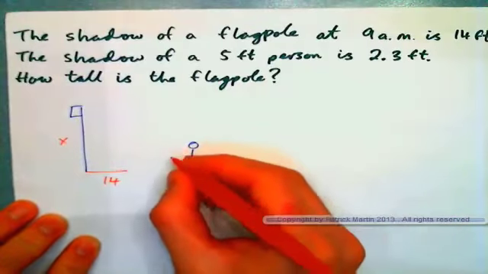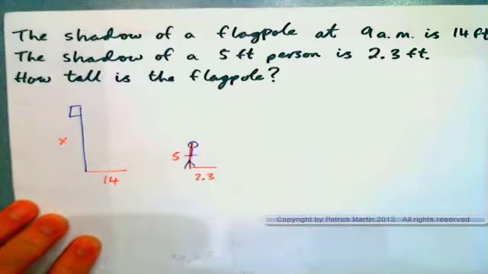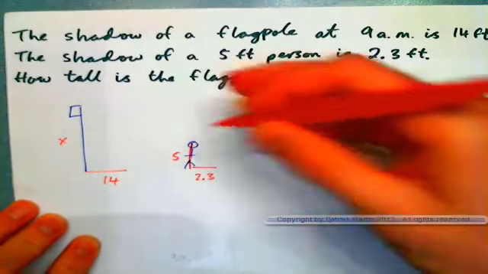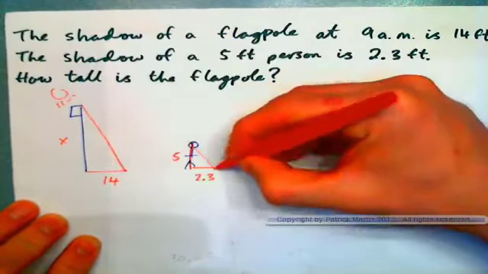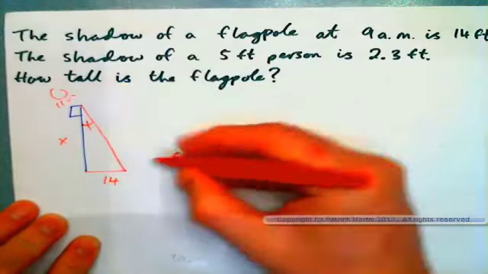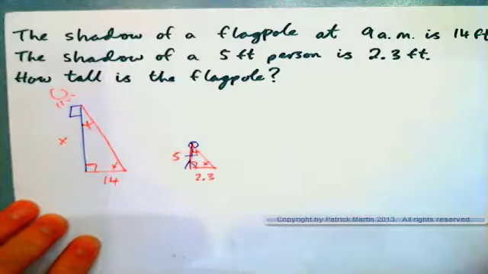The person's height is 5 feet. The sun is shining and the shadow comes down, and so we have similar triangles with the same angles, and we can form a proportion.